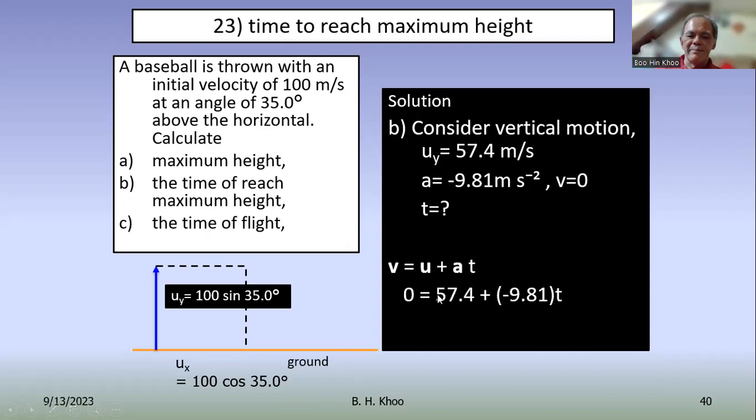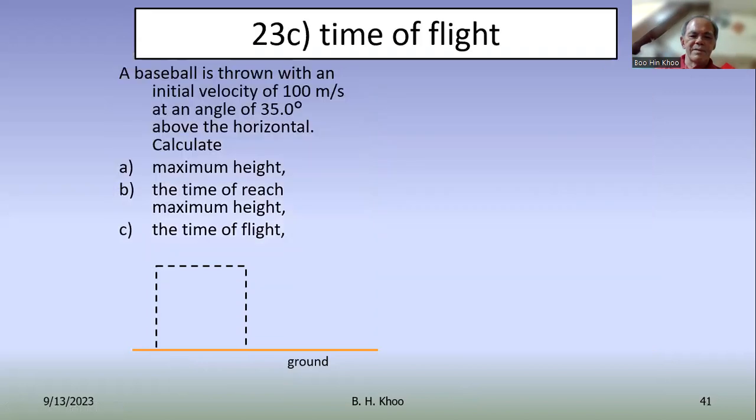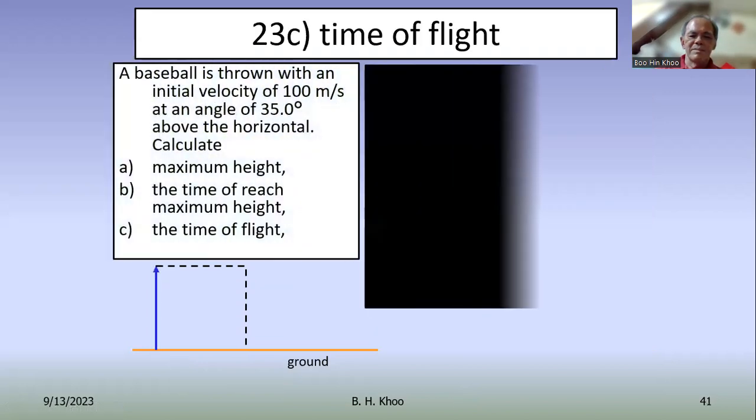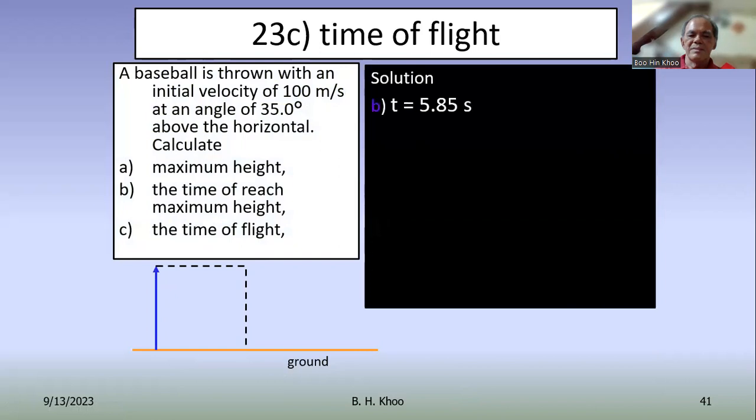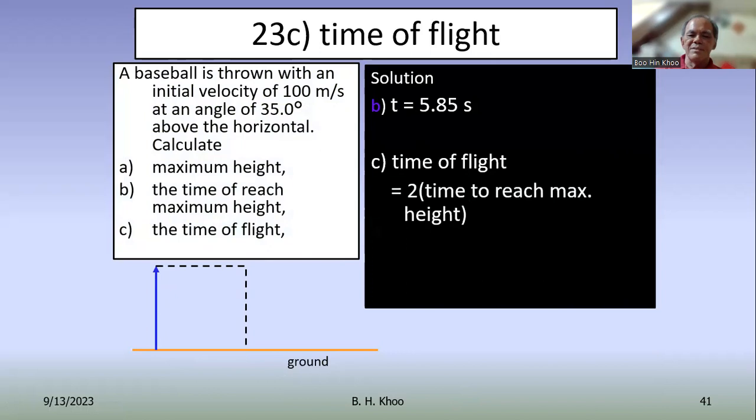Put in the formula. v is 0, u is 57.4, g is minus 9.81. From that, you can calculate your time: 5.85 seconds. So we have calculated time to reach maximum height. Time of flight is just double that.